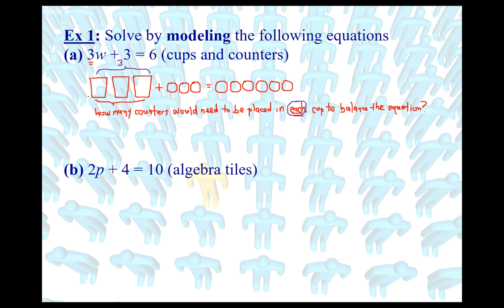So to balance this, I'd have to drop 1 counter into this cup, 1 counter into that one, 1 into this one. So I took my 3 counters and I divided them evenly by the 3 cups. So that's the solution to the equation. It's how many counters would need to be placed in each cup. So it'd be 1 counter in each cup.